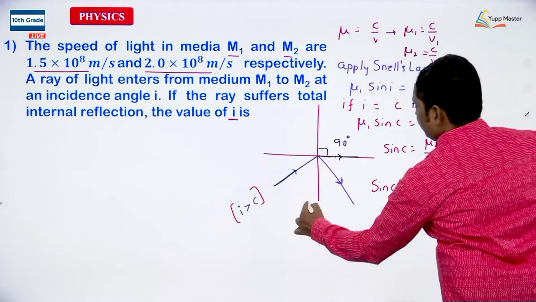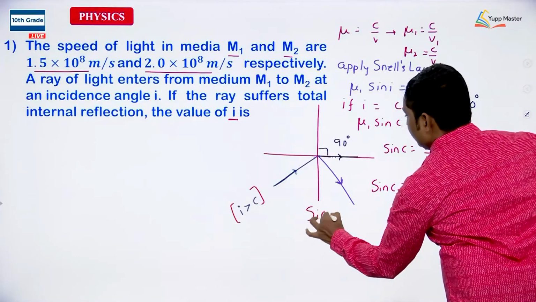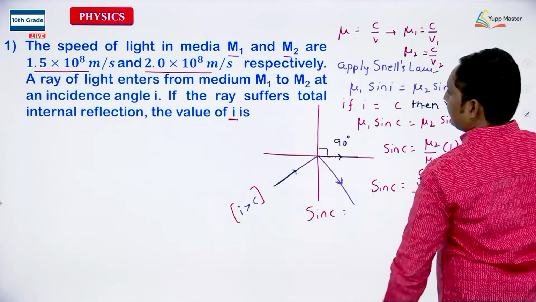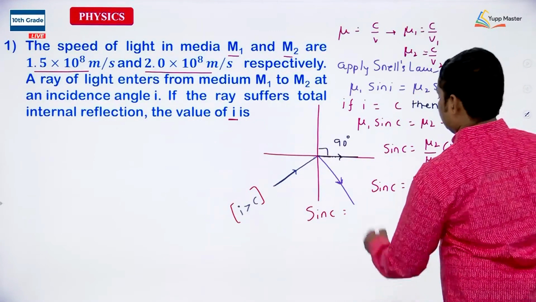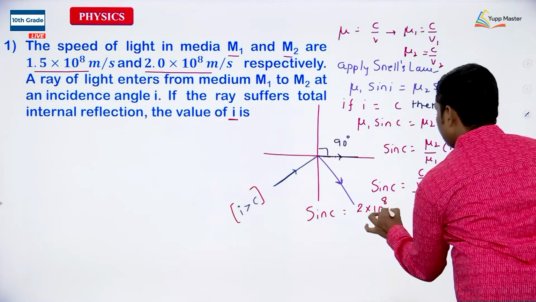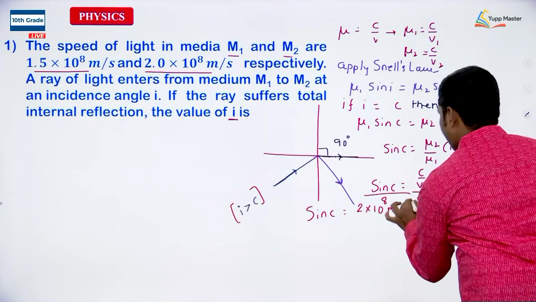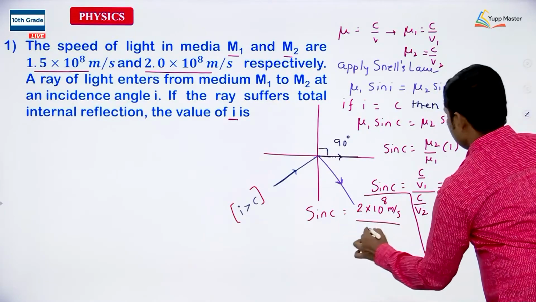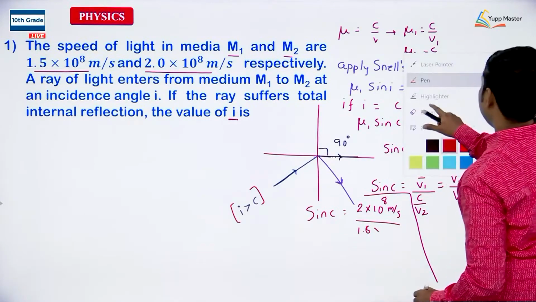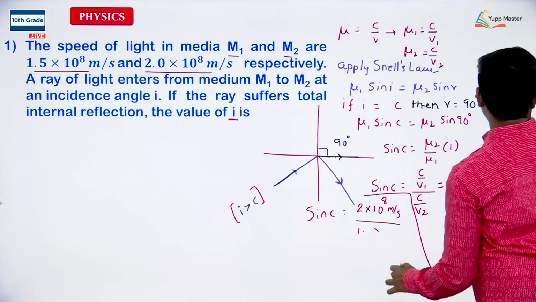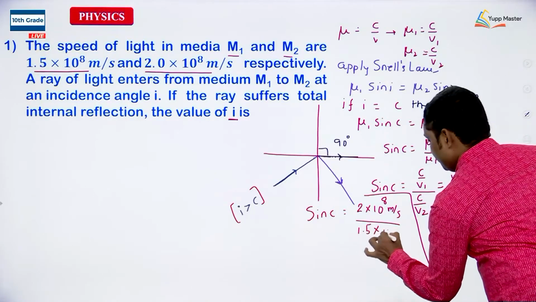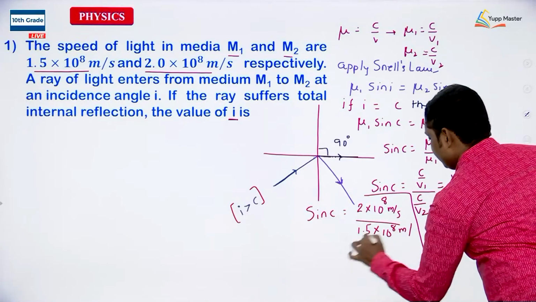Now, you will write down sin C is equal to, you will take that 2 into 10 power 8 meter per second whole upon 1.5 into 10 to the power of 8 meter per second.